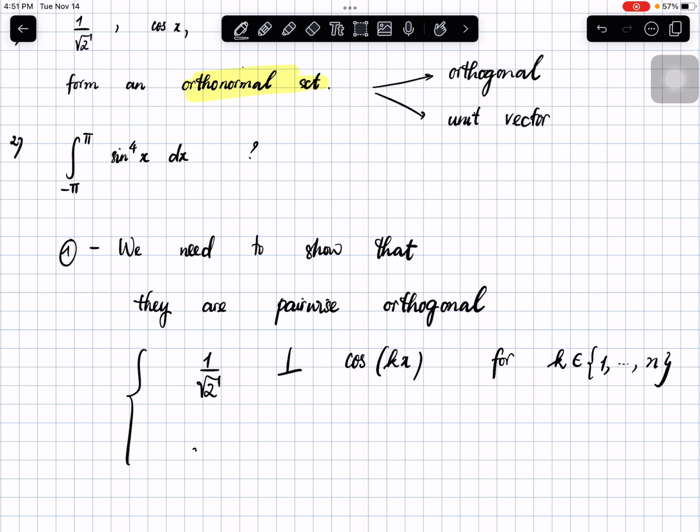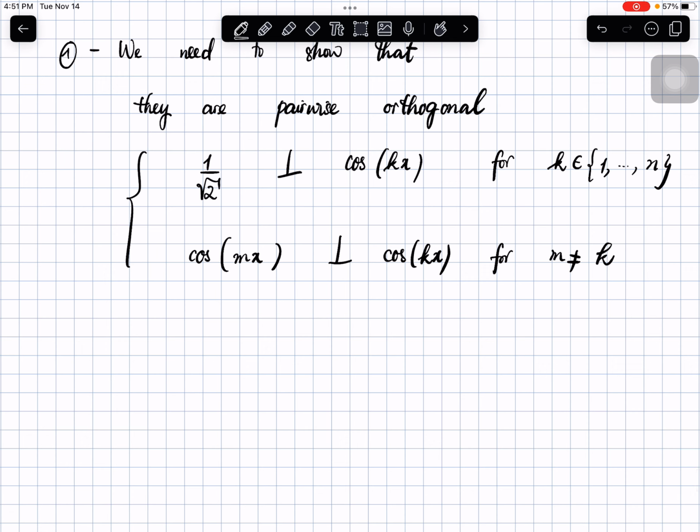Second, we need to show that cos mx is orthogonal to cos kx for m different from k and still in the set from 1 to n. To do so, we just need to compute the inner products, and if the inner product of two functions is 0, then the two functions are orthogonal.